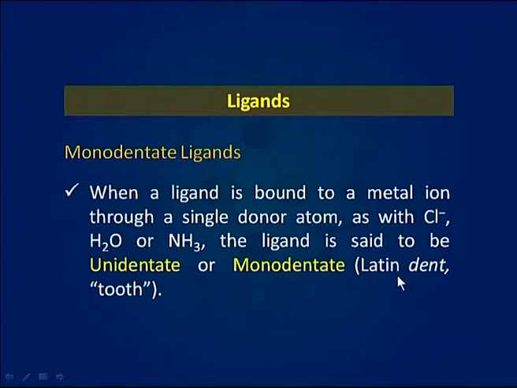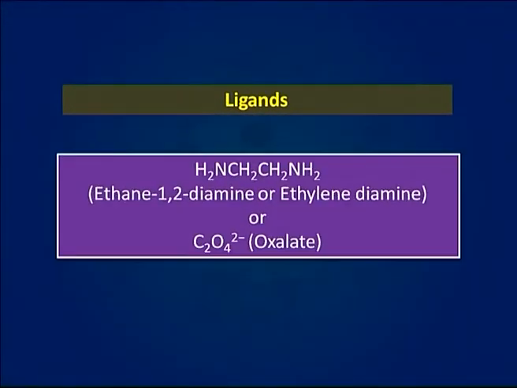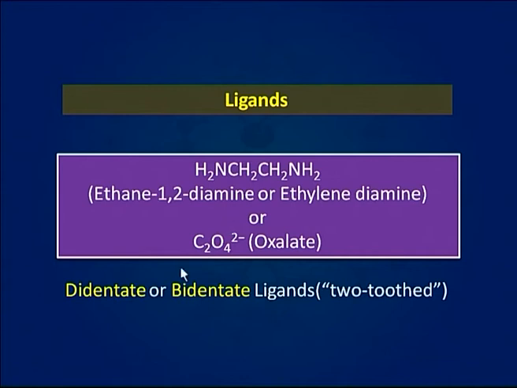Dent is a Latin word which means tooth, and when a ligand can bind through two donor atoms, as you can see in ethylene diamine or ethane 1,2-diamine or oxalate, these are known as didentate or bidentate ligands, that is two-toothed ligands.